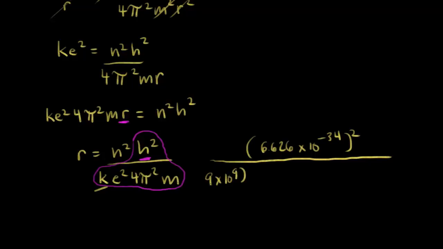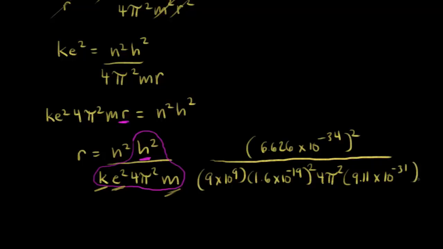That's a constant. e is the elementary charge, the magnitude of charge on a proton or an electron, which is 1.6 times 10 to the negative 19 coulombs. That number needs to be squared as well. We have a 4 pi squared in there. And remember, m was the mass of the electron. You can look up the mass of an electron: it's 9.11 times 10 to the negative 31st kilograms.